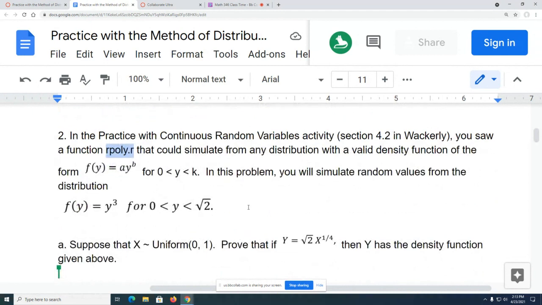So let's start with a random variable x that's uniform on the interval from 0 to 1.